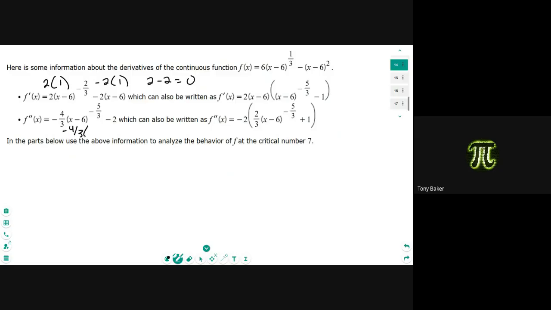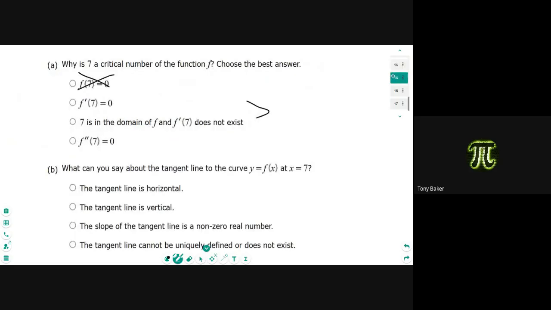Negative 4/3 times 1 minus 2. That does not equal 0. So we knew that that wasn't it because I probably should use that. So it ends up being that one.